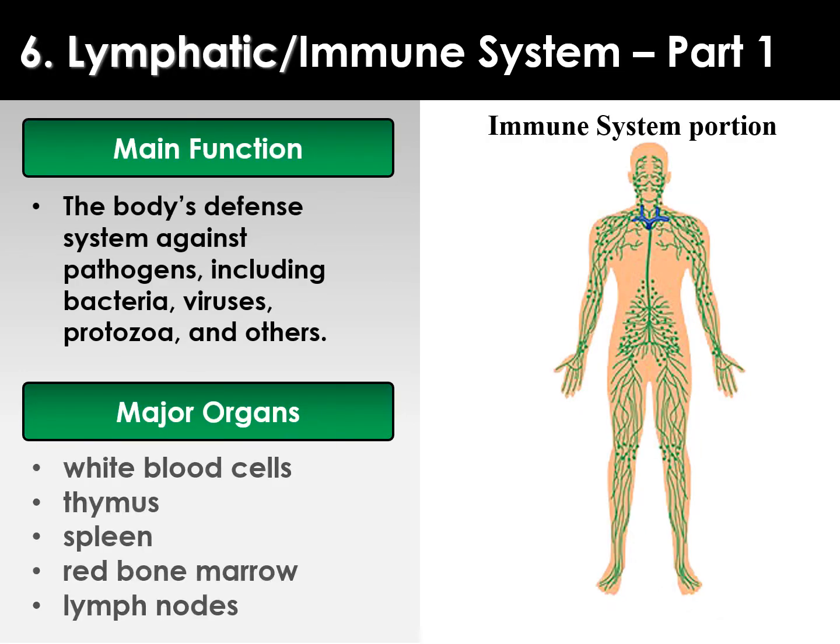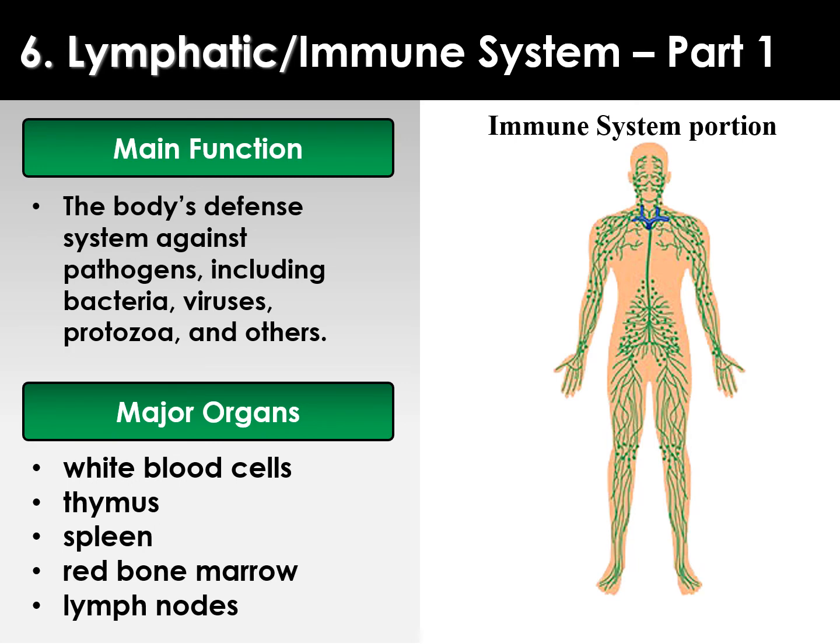The next system is made up of two systems, really, and these are the lymphatic and immune systems. They function together, and we can consider them a part of the same system. First, we'll look at the immune portion. The main function of the immune system is to act as the body's natural defense system.